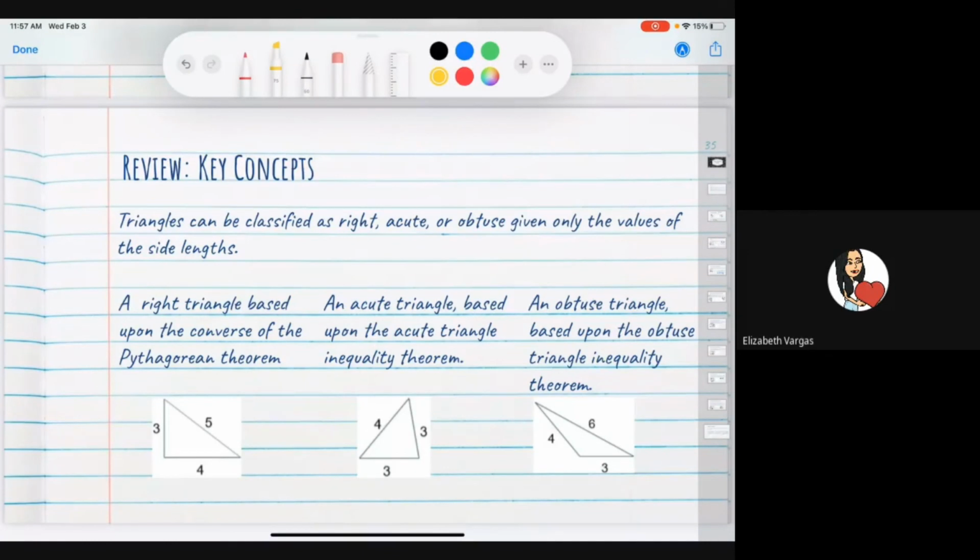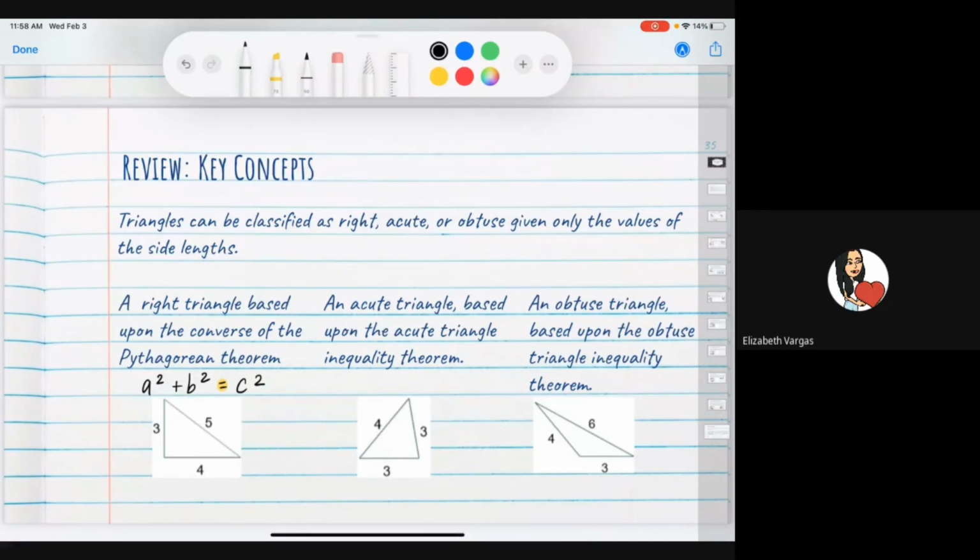So what did we review today? We learned that triangles can be classified as right, acute, or obtuse given only the values of the side lengths. So a right triangle is based upon the converse of the Pythagorean theorem, which basically means if we can prove that a squared plus b squared equals c squared, then we can prove that that triangle is a right triangle. If it's equal, then it is a right triangle.